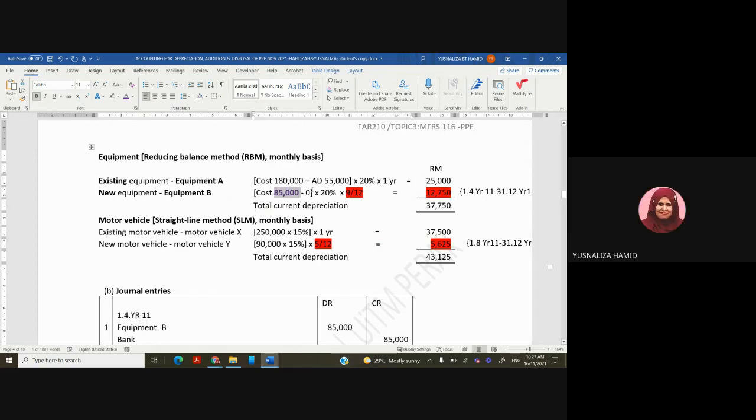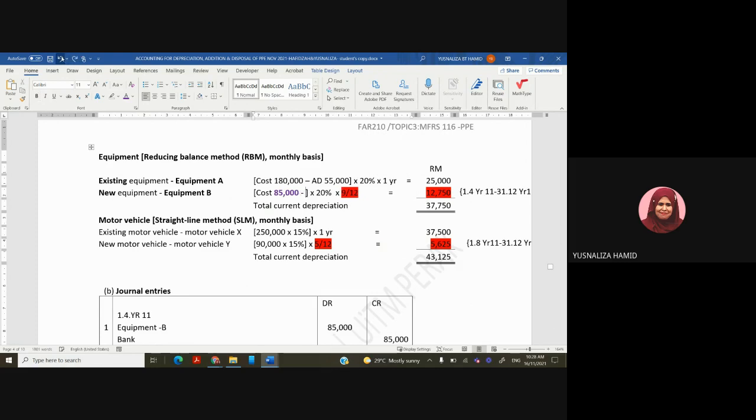Fine. Now you can see that I minus zero here, because there is no accumulated depreciation as it is a new equipment, right? So it is actually just based on cost. You don't have to minus zero. You can just leave it like this. Or if you are so interested with the zero, you can do that as well.